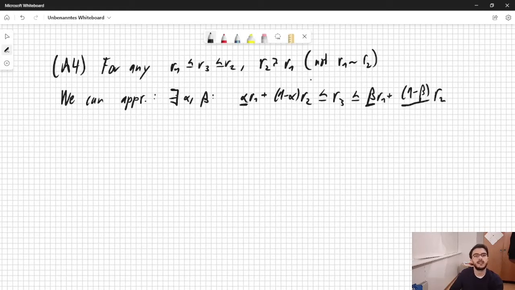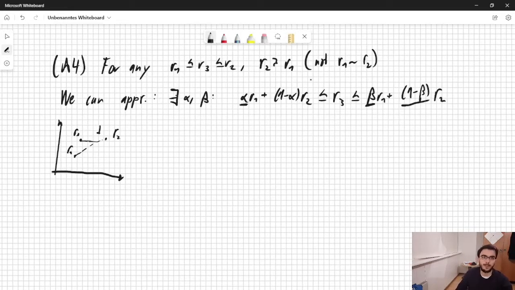That's fine. We're just saying that alpha and beta exist. Because then we can have this picture, which I'm going to draw again, where we can take any value between R1 and R2, even any random value, and just approximate it by a convex combination.